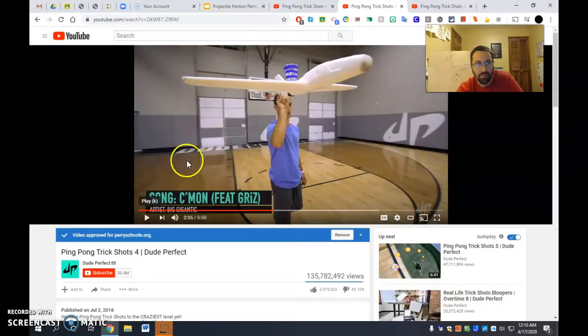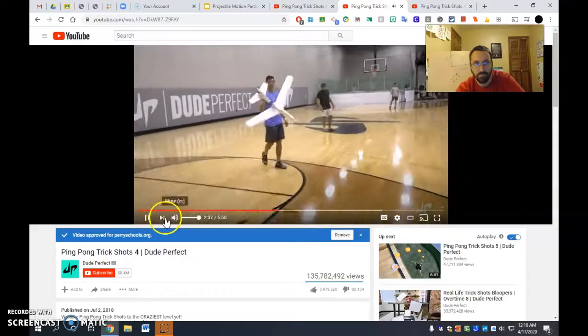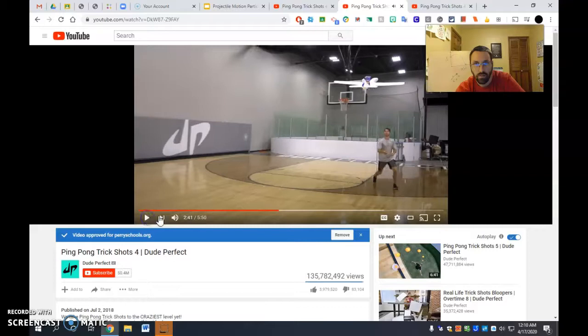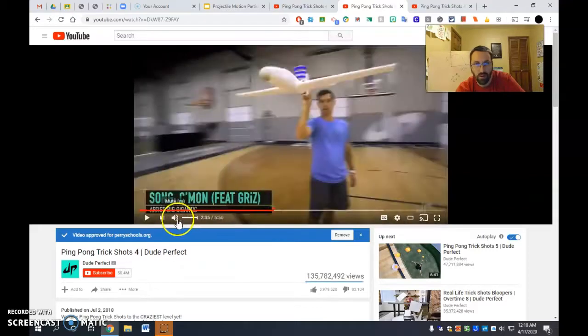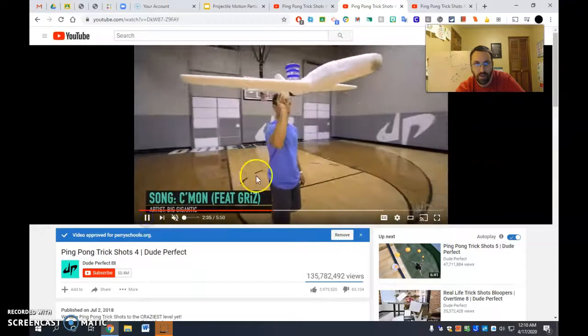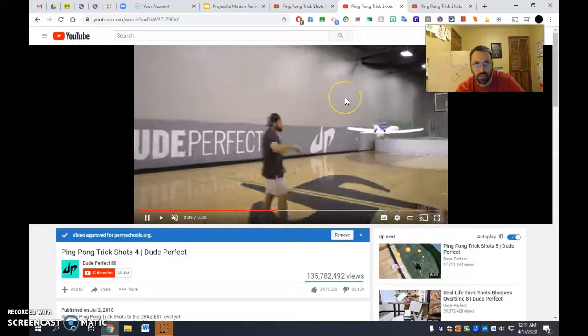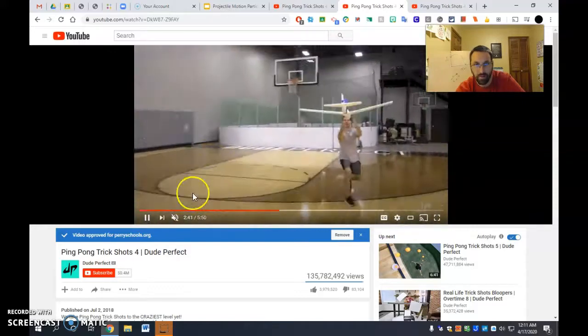A throw up B problem is when you start at one height and it ends at a higher height. On that one, the ball started lower and it ended at a higher spot. He throws it from his hand, lower than the plane, and it ends up in the top of the plane.